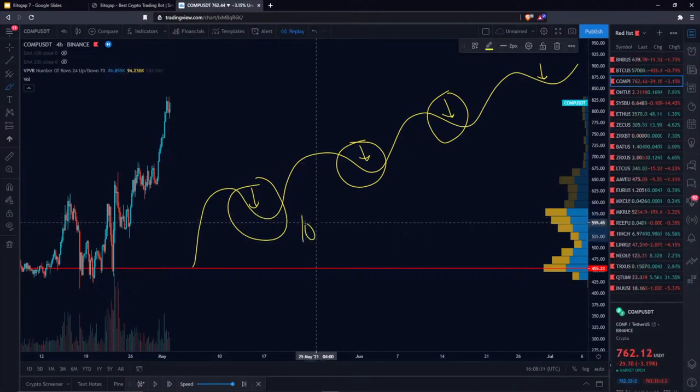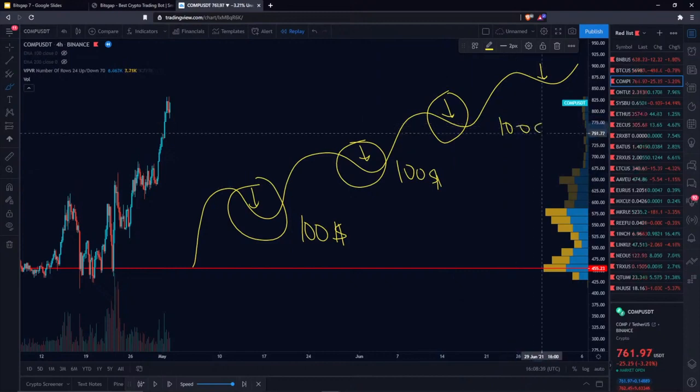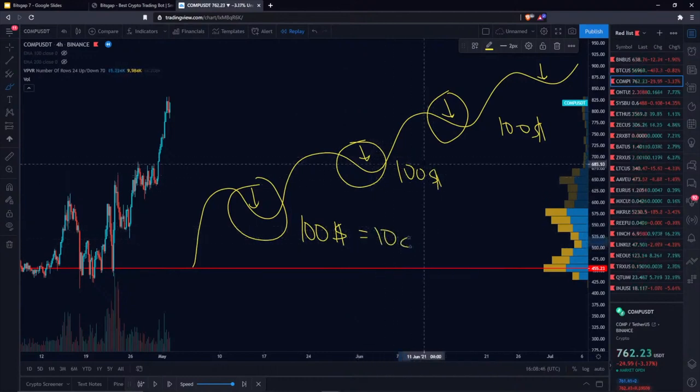Like for example, here it buys coins using $100, and here as well it will spend $100 to buy coins, and here as well. But the thing is that as the price is rising, that means that the value of one coin increases. So if at this level, at $400 you could buy, let's say, 10 coins, now as the price is more expensive, having only $100, you can buy, let's say, only 8 coins.